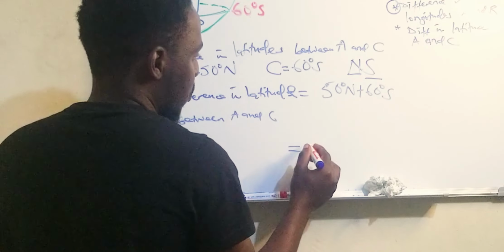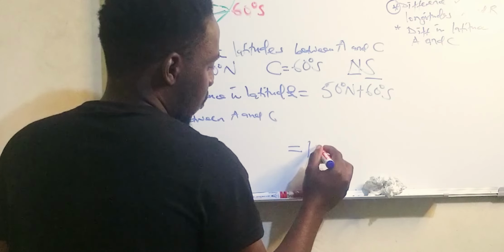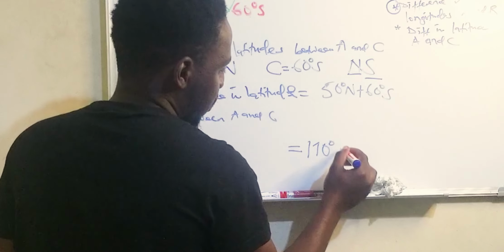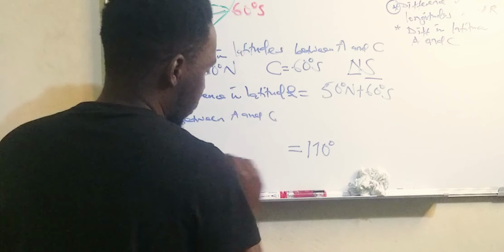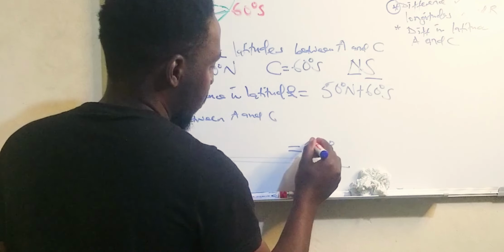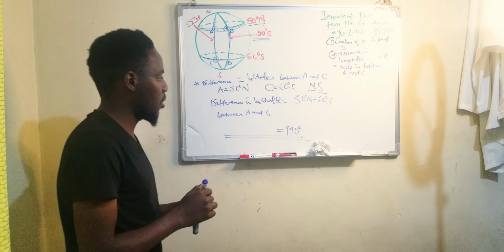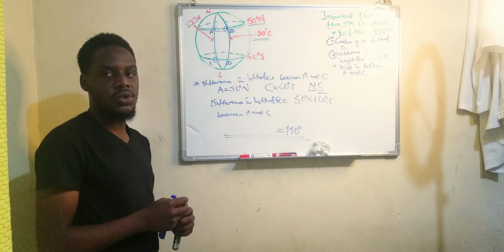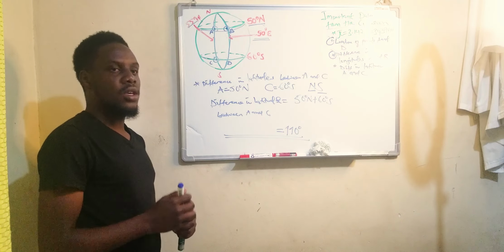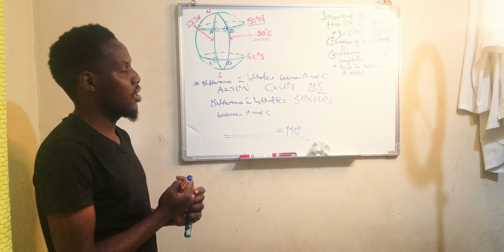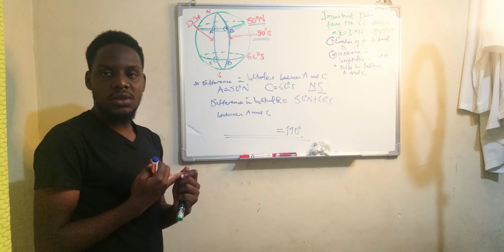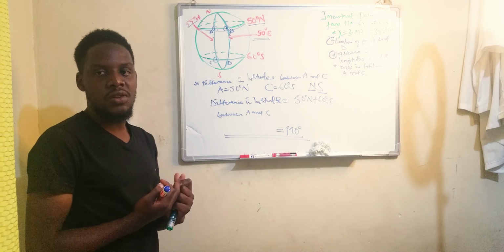So the difference will be 110 degrees. Sorry, it's neither north nor south. When you find the difference, just say 110 degrees. Just like that. That's how you find the difference in latitude between two points. Keeping in mind two concepts: add those two points that are on different sides of the equator, subtract those two points that are on the same side of the equator.